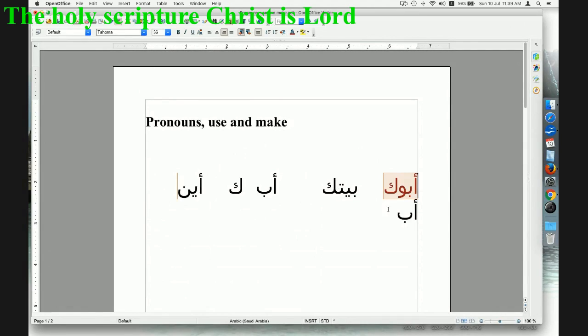So let us go back to our reference. Now we will continue later after we finish making sentences here about what we learned in the previous classroom.